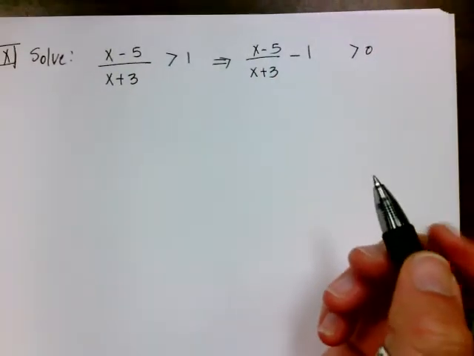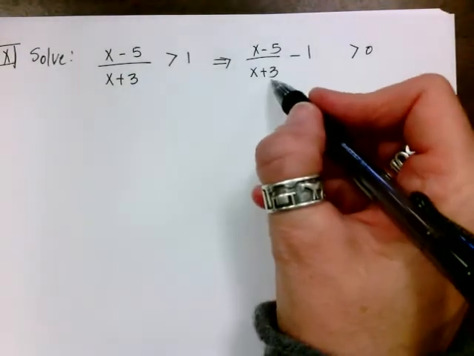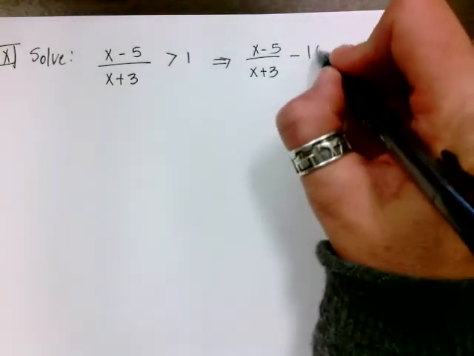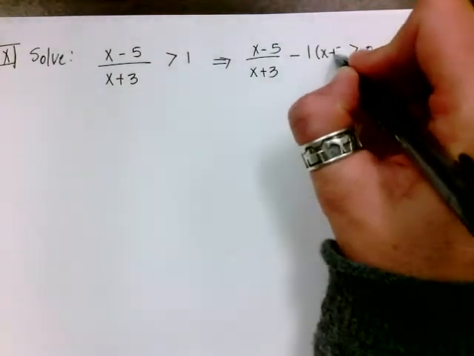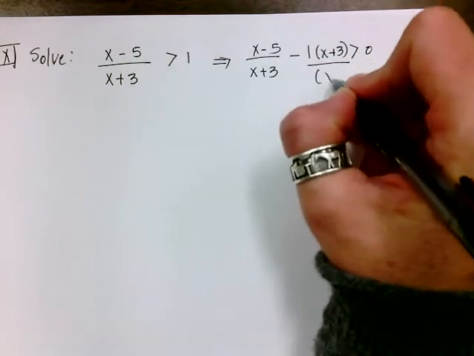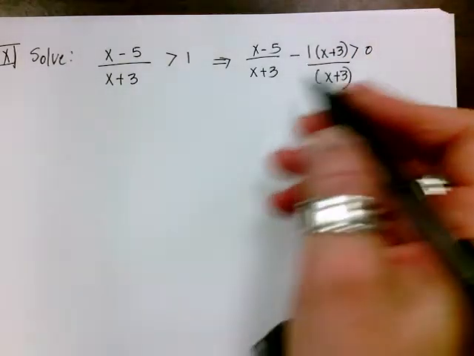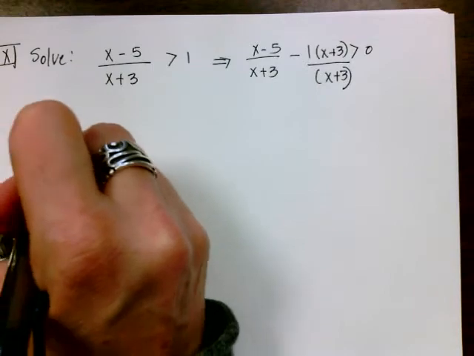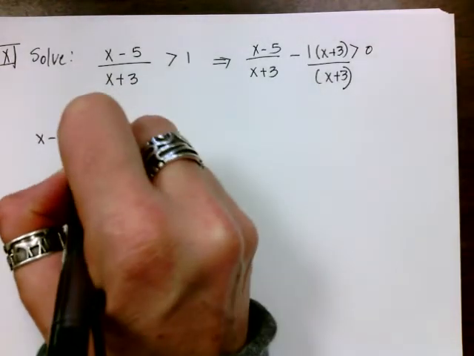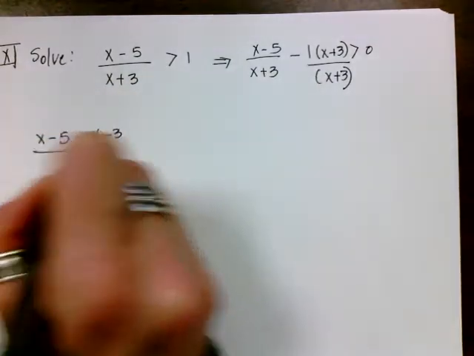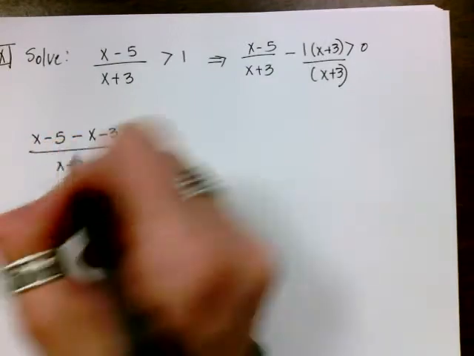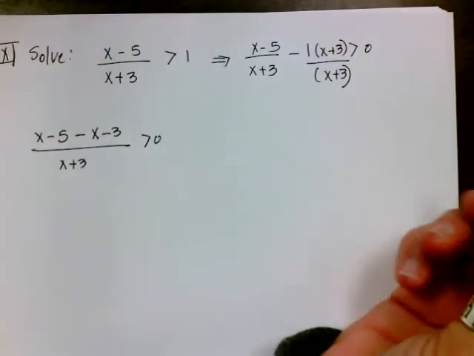And I left myself some space. My lowest common denominator is x plus 3. So I'm going to multiply this by x plus 3 over x plus 3. Simplify the left, and I'm going to have x minus 5 minus x minus 3 over my x plus 3, and that's going to be greater than 0.